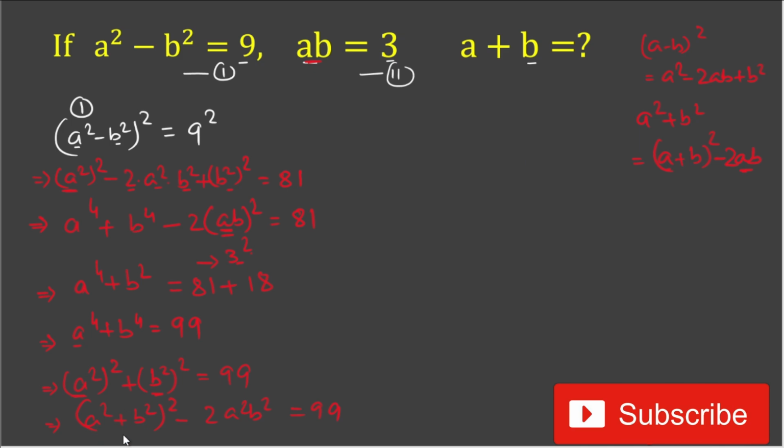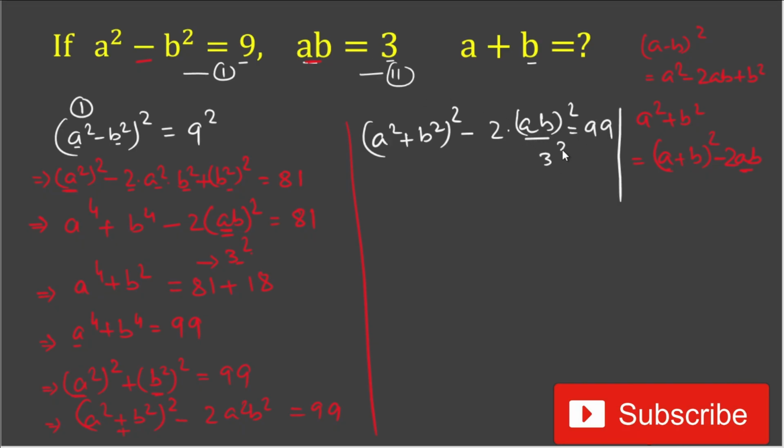So friends, one thing to mind here, we are making this term positive here. Earlier it was negative. So now it is a square plus b square and whole square minus 2 times ab means 2ab whole square, and that is equal to 99. Now the value of ab in the second equation we have 3, so it is 3 square.